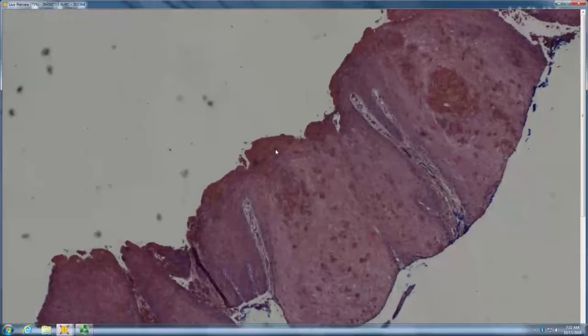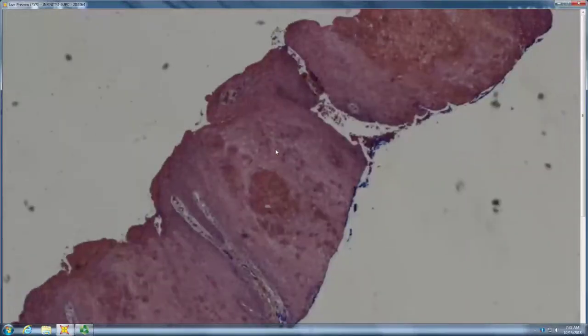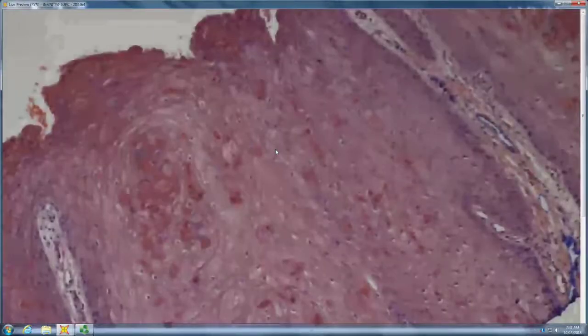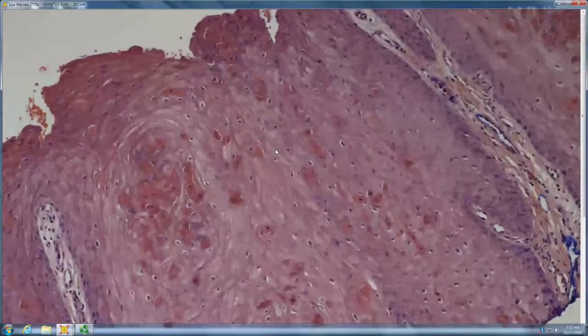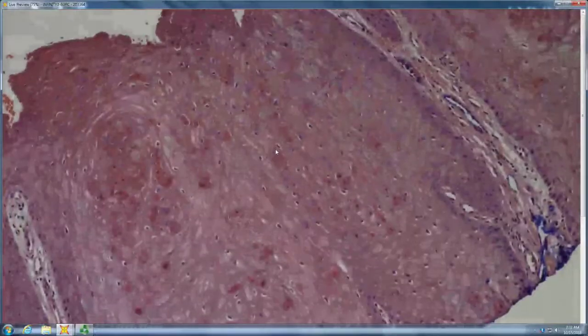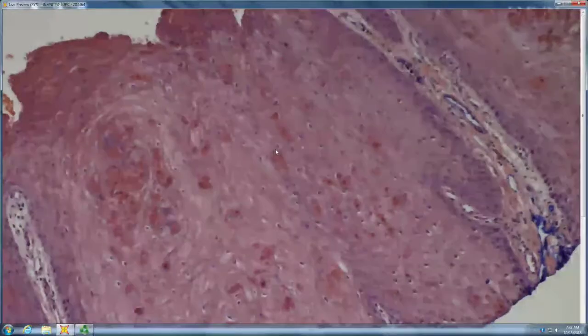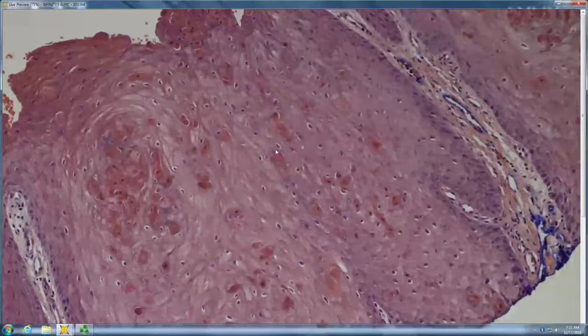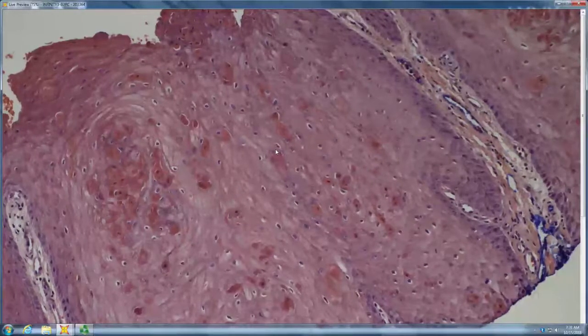So I think it's hyperkeratosis with a lot of necrotic cells. So I'm thinking about like late incontinentia pigmenti maybe. That's exactly what it looks like. So you have glassy keratoacanthoma-like pseudoepitheliomatous hyperplasia with lots of individual dyskeratotic cells.